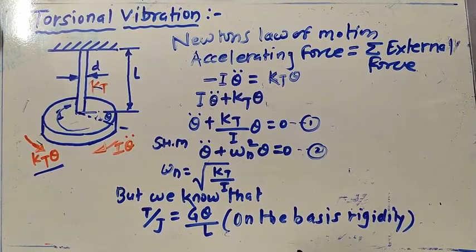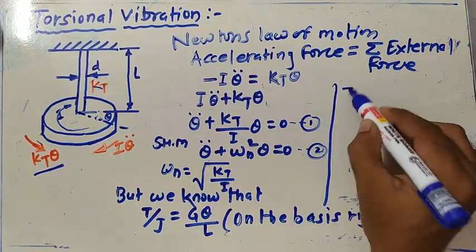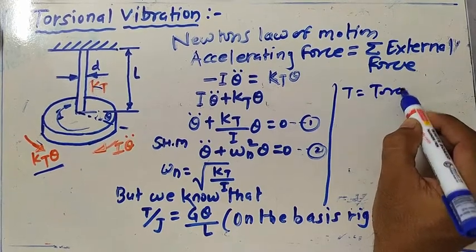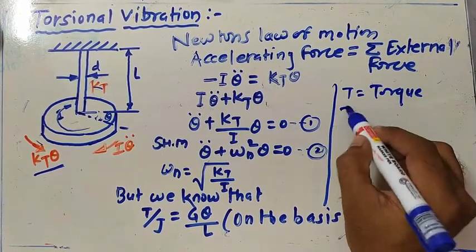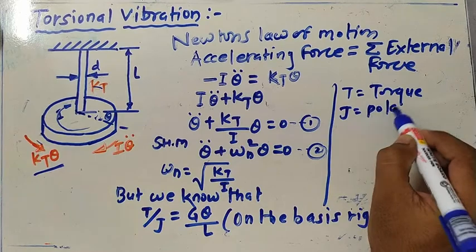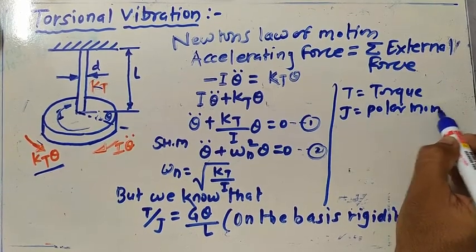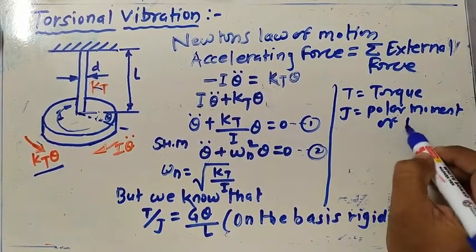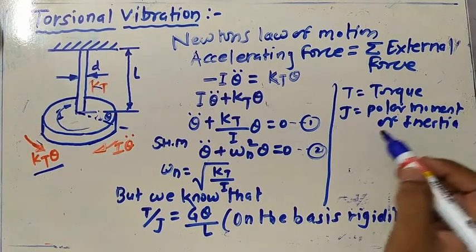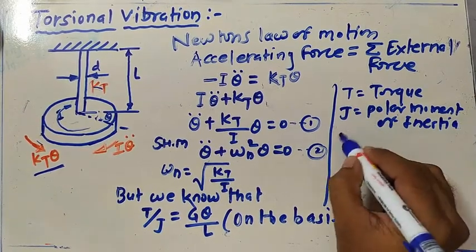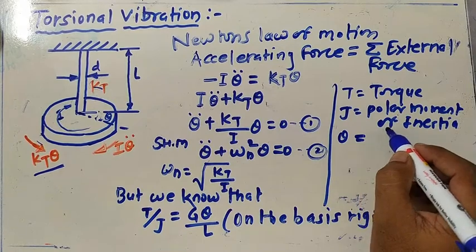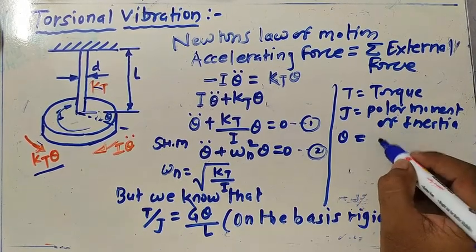You have already seen this relation in strength of materials. T is the torque, J is the polar moment of inertia, and theta indicates the angle of twist.